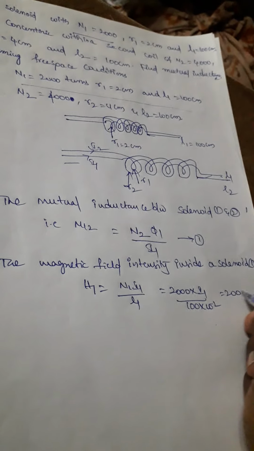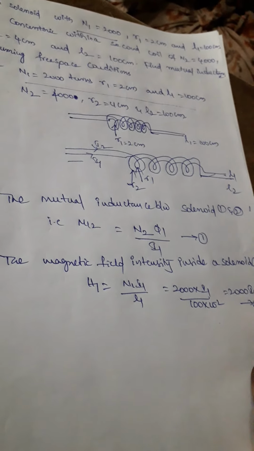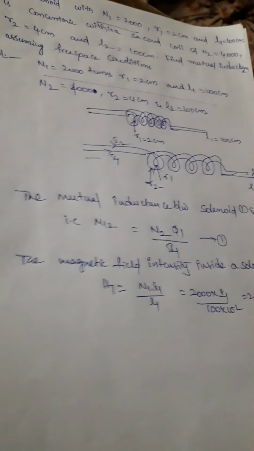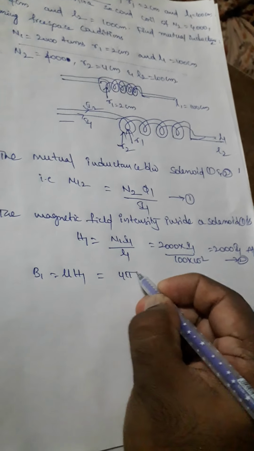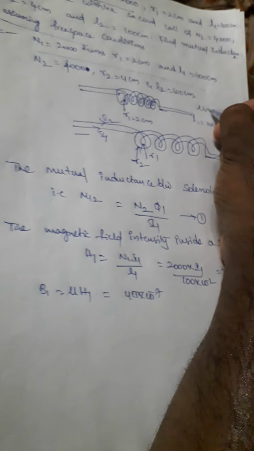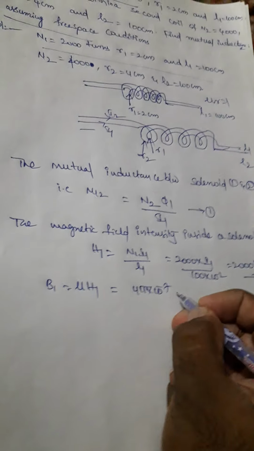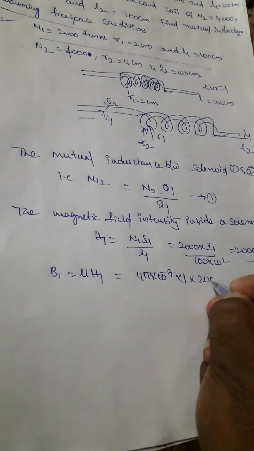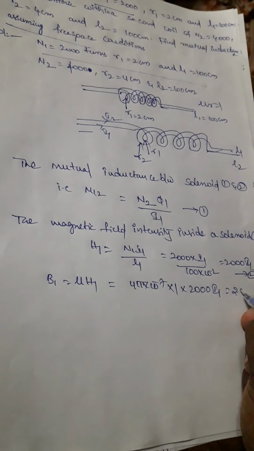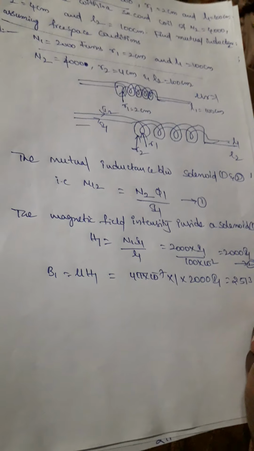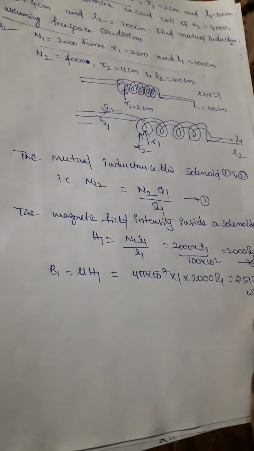So 2000 I1 ampere turn per meter. Then B1 is equal to mu into H1. The mu value is 4 pi into 10 power minus 7, because of mu naught into mu r. Here free space conditions, that is mu r equal to 1. That's why 4 pi into 10 power minus 7 into 1 into H1, which is 2000 I1. Finally B1 is equal to 2.513 into 10 power minus 3 I1 Weber per meter square.